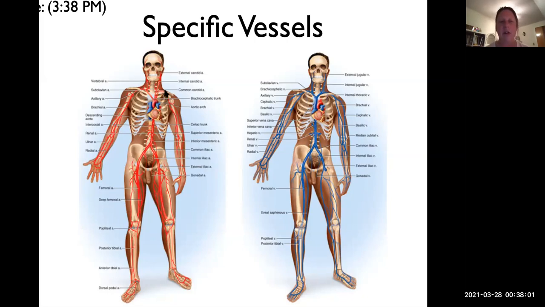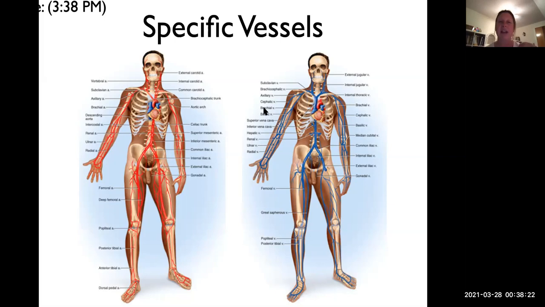So if it's traveling through the artery here and it gets to the upper arm, there will be small vessels here where it can branch off to feed the arm muscles, and then the blood will hop into this corresponding vein and return to the heart.